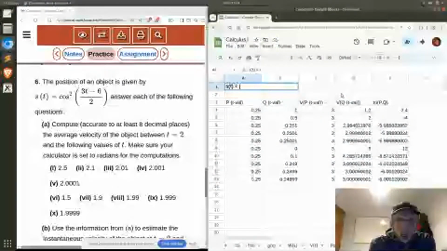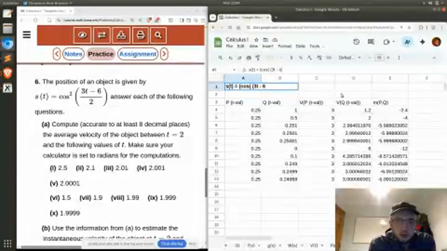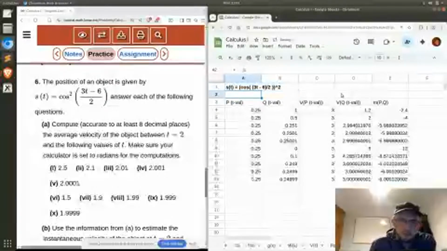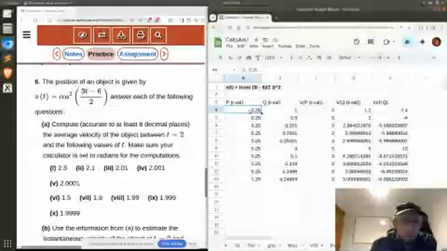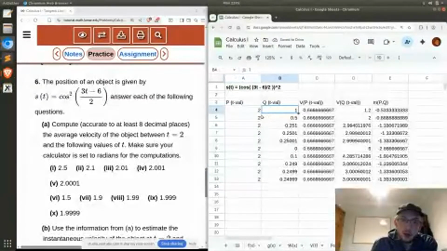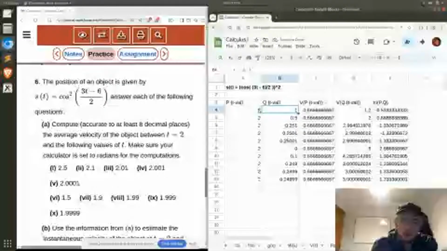Now what we're going to do is write cosine of 3t just like that. And the default population number that we're homing in on is that. No, the default time that we're homing in on is 2.